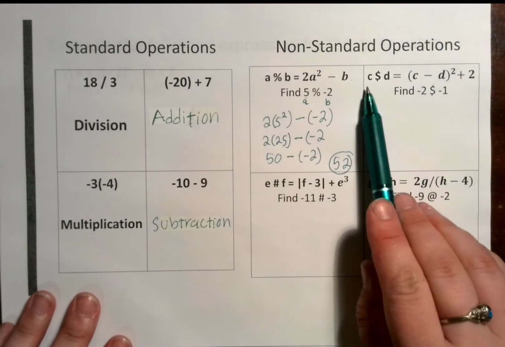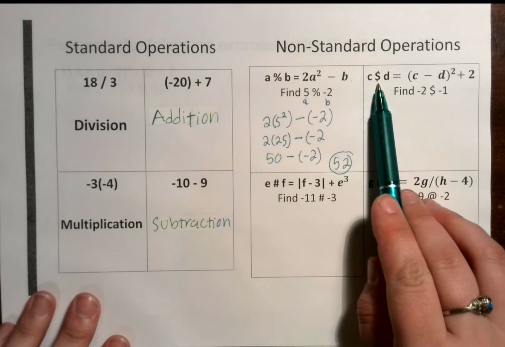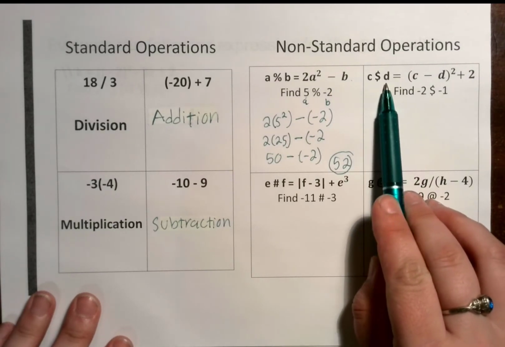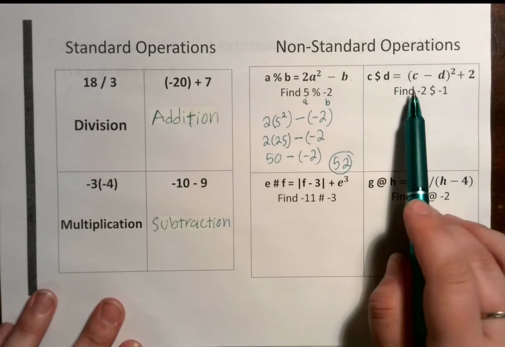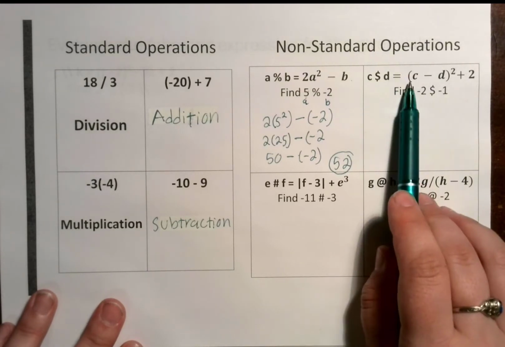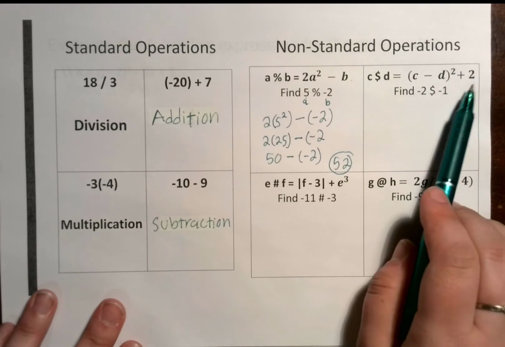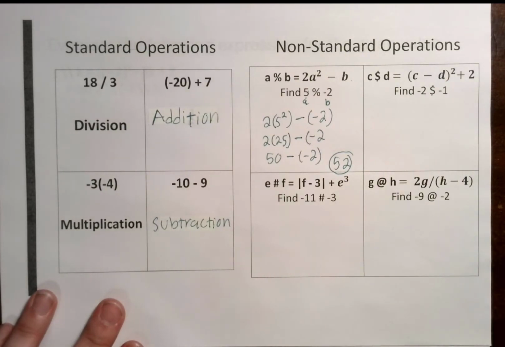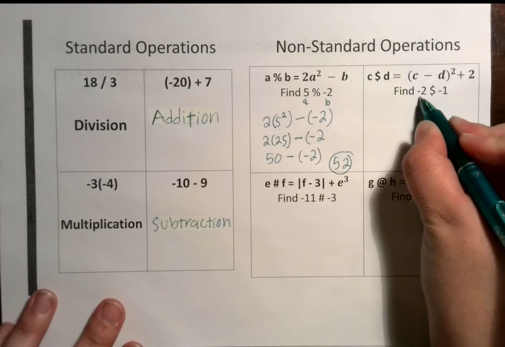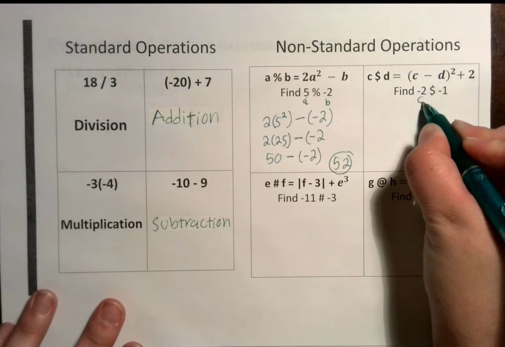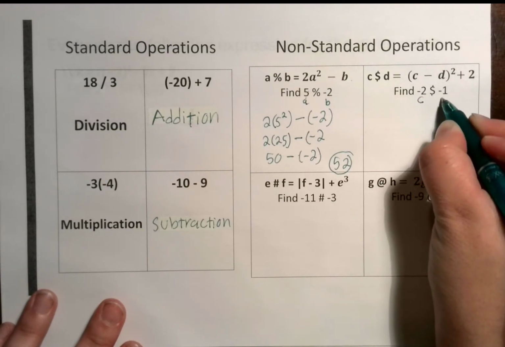All right, so this one here, I've got C $ D, and that tells me that that is equal to C minus D squared plus 2. So my C is a negative 2, and my D is a negative 1.